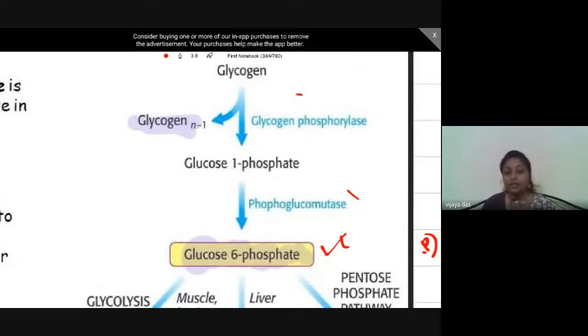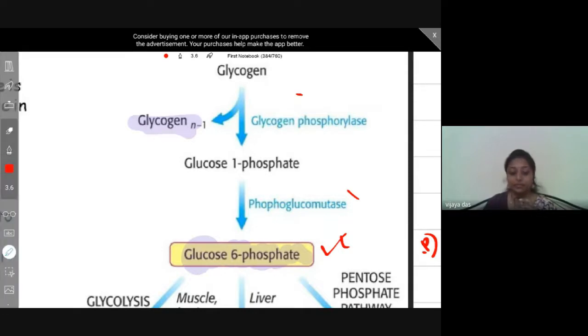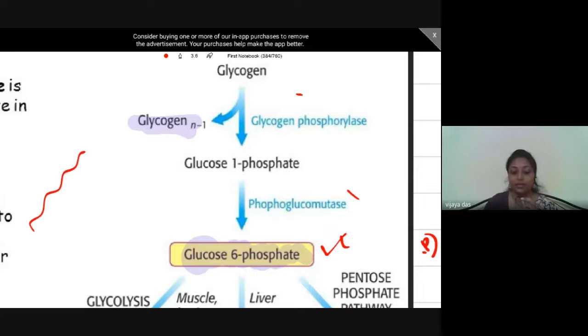And if you remember, in the class before last, we learned about the polymerization process. So in glycogen, what type of linkage do you get to see? Linear or branched?